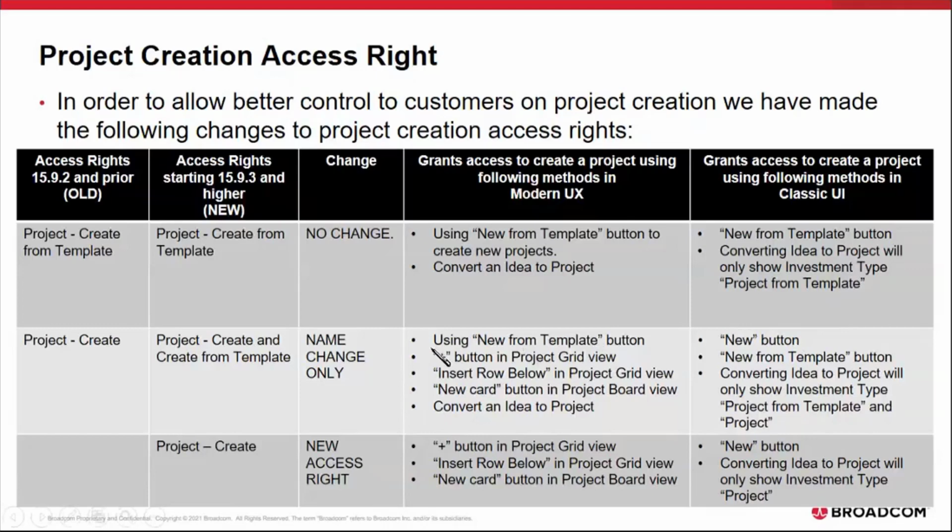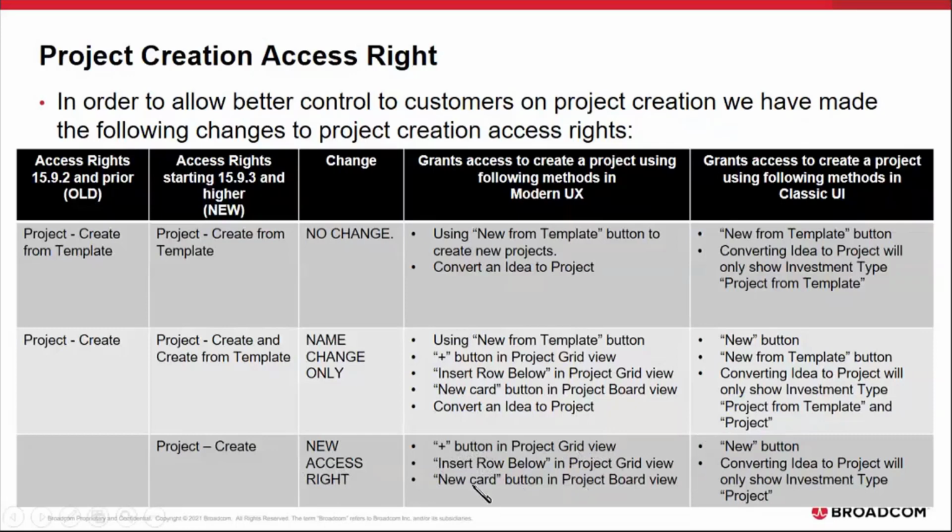We are also now introducing a new access right, which will be called project create. This is a new access right starting 15.9.3 onwards. When granted to the user, it will give the user access to create a new project in Modern UX using the plus button in the project grid.